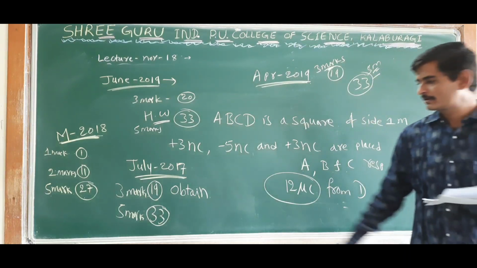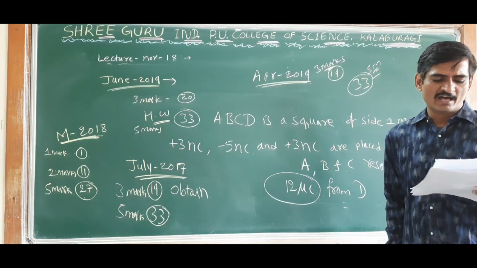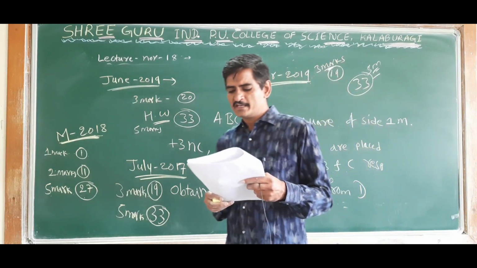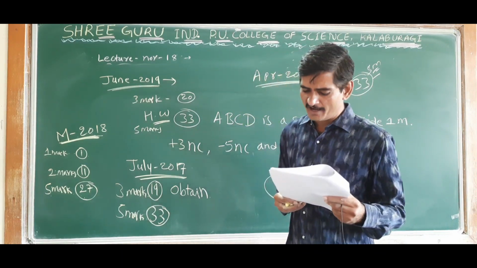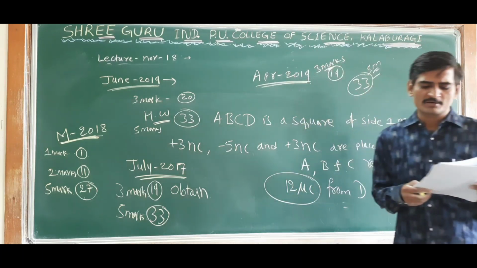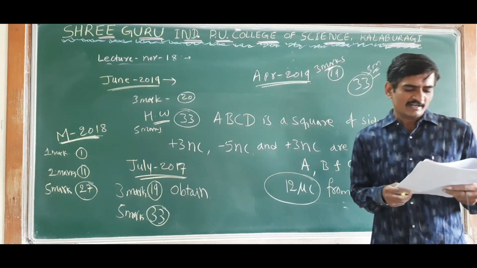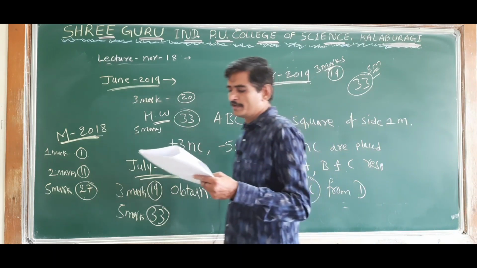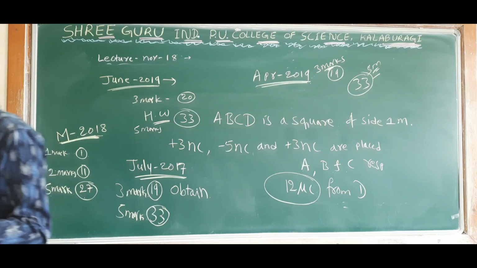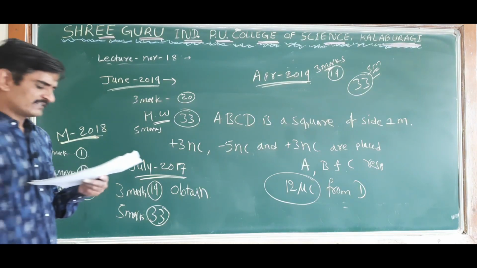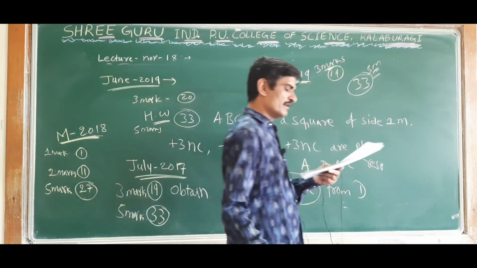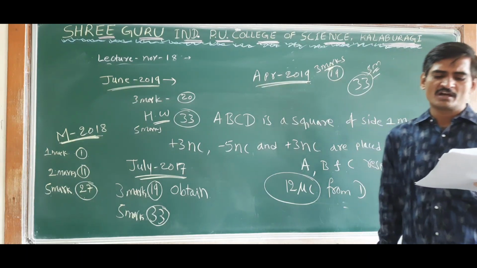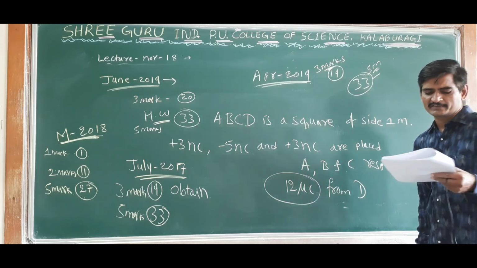If this capacitor is connected to a 50 volt supply, what is the charge on each plate of the capacitor?